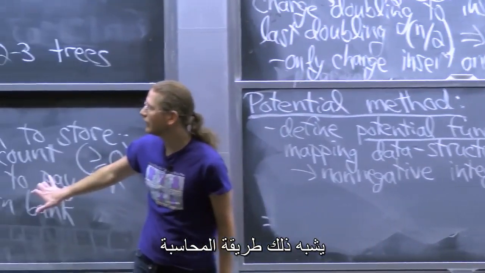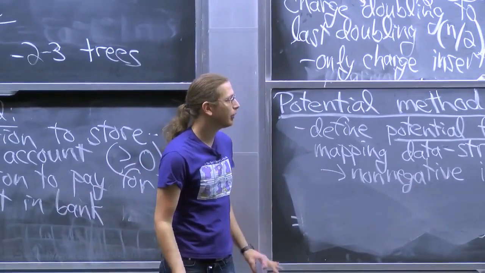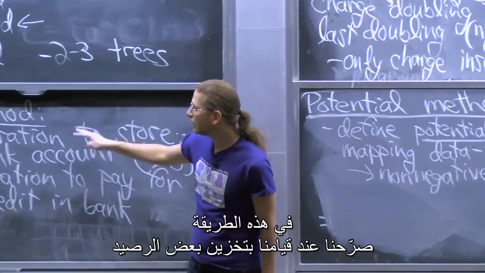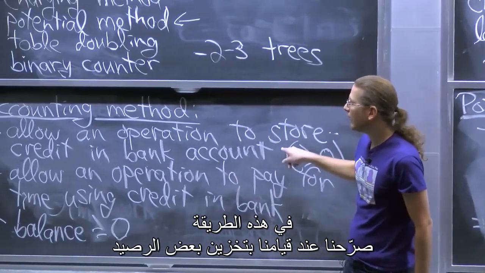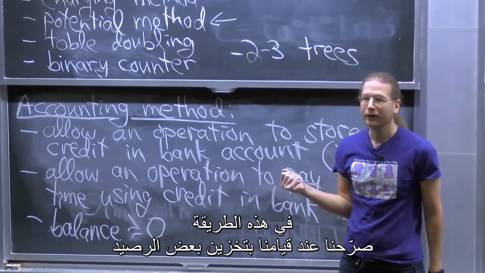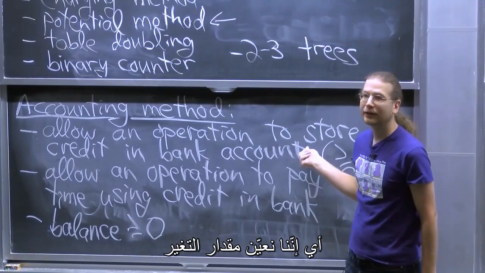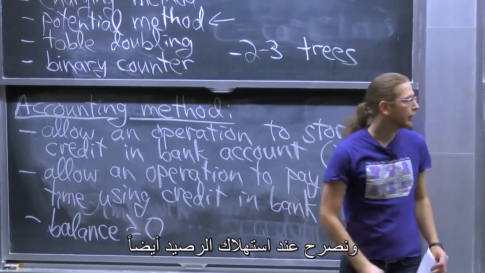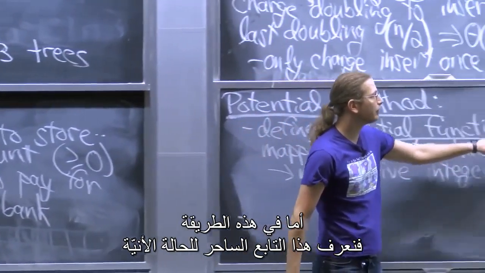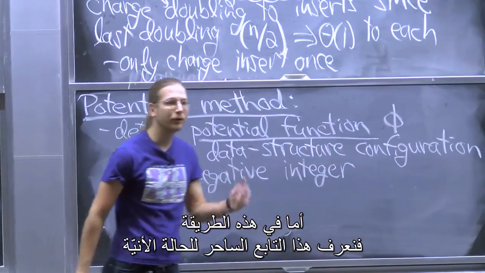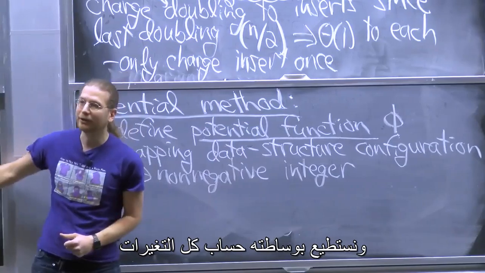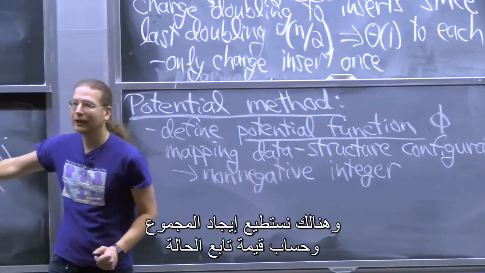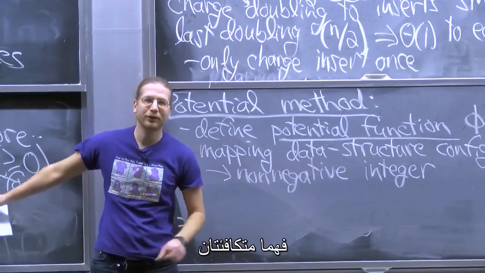It's just like the accounting method in a certain sense, but we're defining things differently. Over here, we explicitly said, hey, look, I'm going to store some credit right now. So we're basically specifying the delta. And here we're saying, I'm going to consume some credit right now. Over here, we're going to define this magical function of the current state. From that, you can compute the deltas. But also from here, you can integrate and compute the potential function. So they're interchangeable.